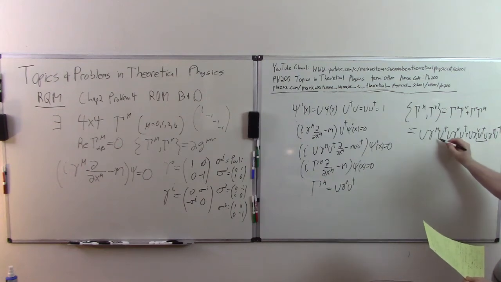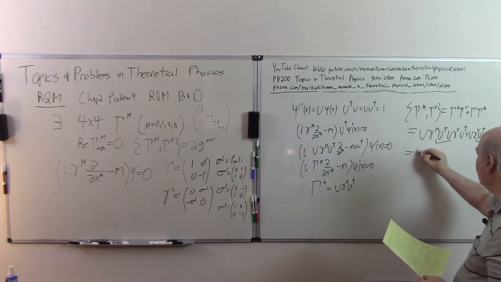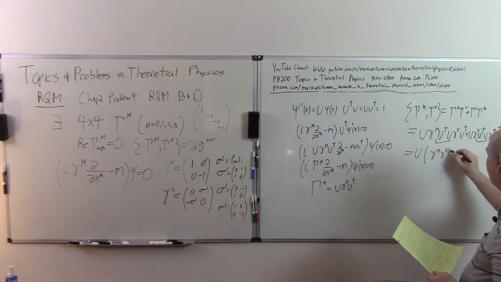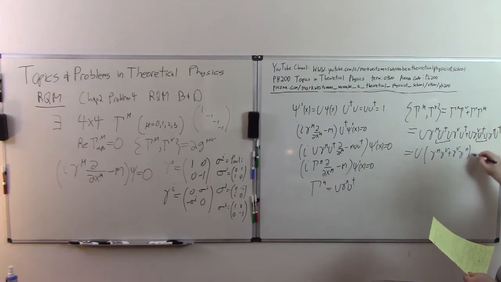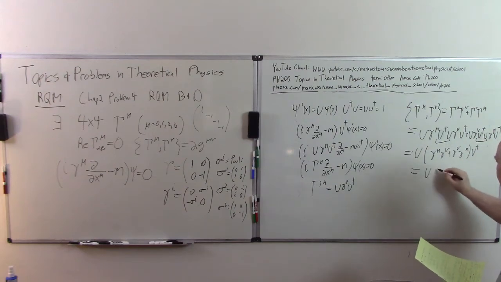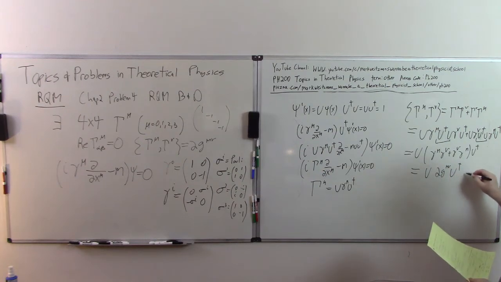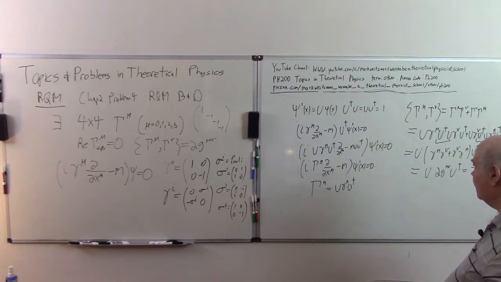Using the unitary relationship, this is just U (γ^μ γ^ν + γ^ν γ^μ) U†, which is equal to U 2g^μν U†, which is equal to 2g^μν. So we preserve the anti-commutation relations if we do a unitary transformation.